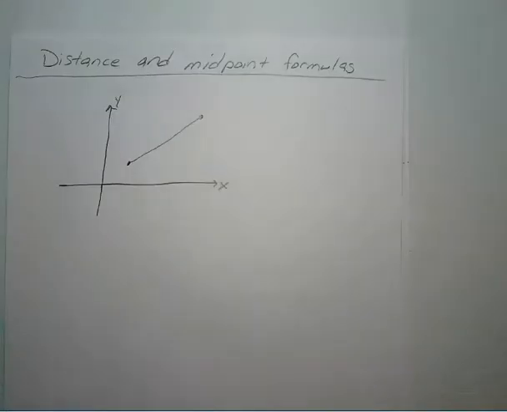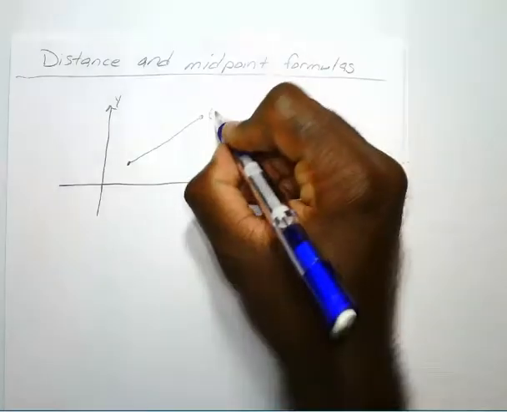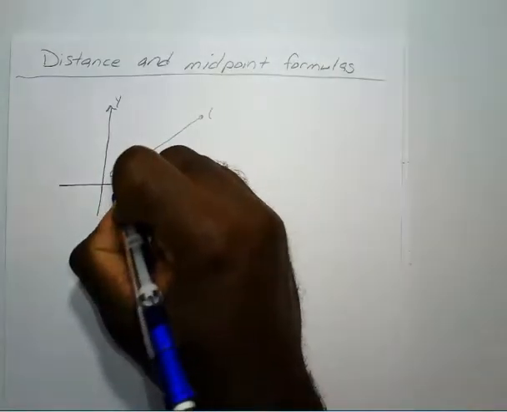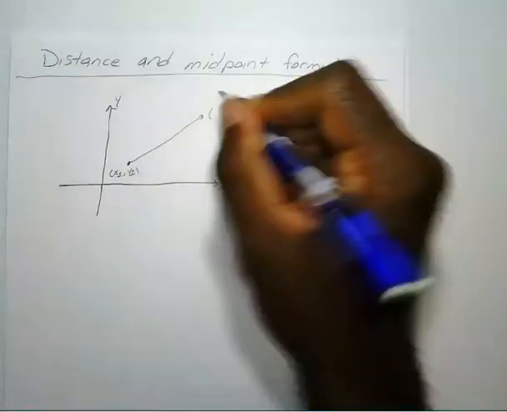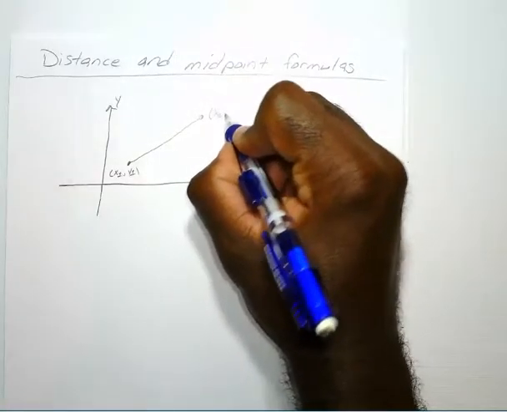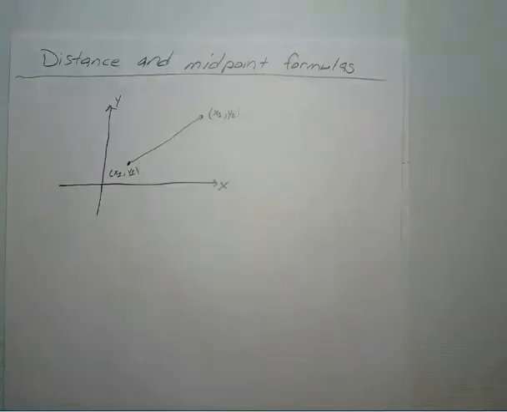Okay. Now we don't know the actual numbers for those, so we'll call these points x1, y1, and point x2 and y2, just to give it some explanation.